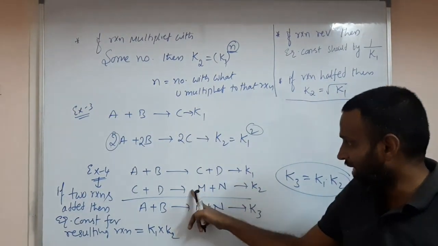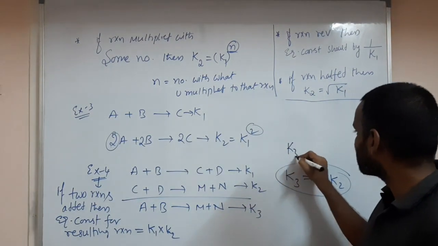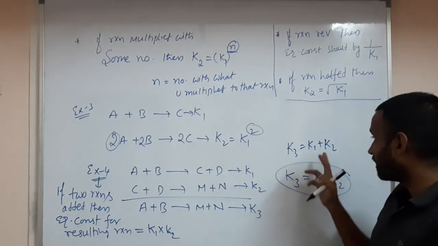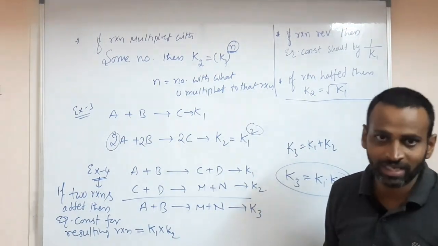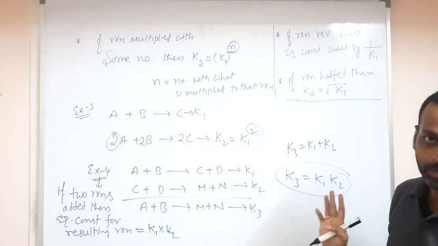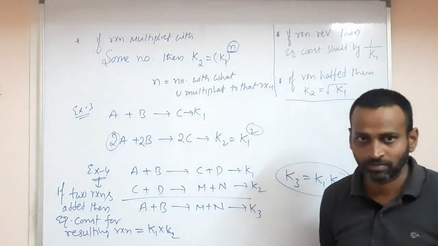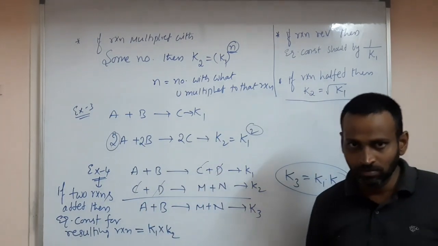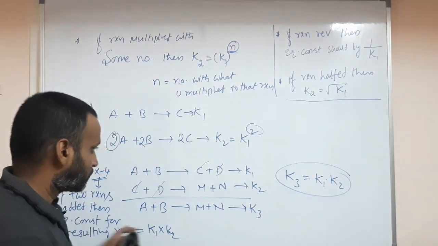Don't think that because the reactions are added, the equilibrium constants must be added. Few people will think K3 is equal to K1 plus K2. The equations are added, but the equilibrium constant means the concentration of products by concentration of reactants, so when you take the product, only then you will get K3. Got it clearly? Understood?